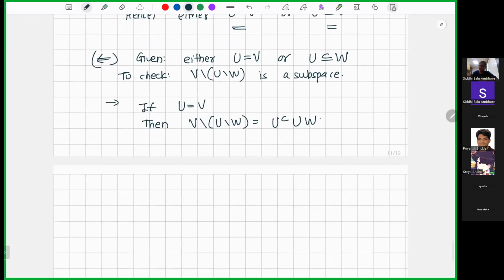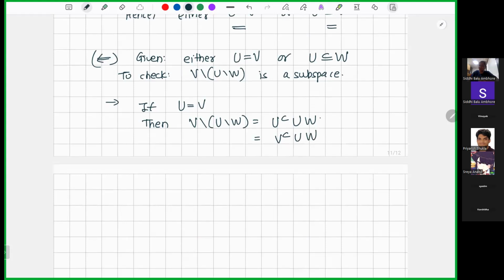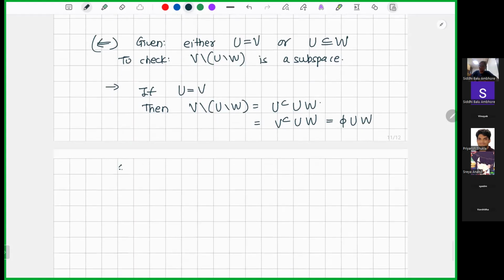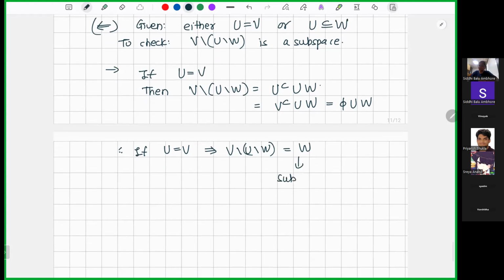But what is U complement? U is V, so this is V complement union W. And V complement in V is just the empty set. So this is empty set union W. Therefore, if U is equal to V, then V minus U minus W is just W.